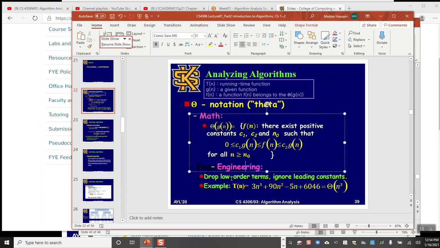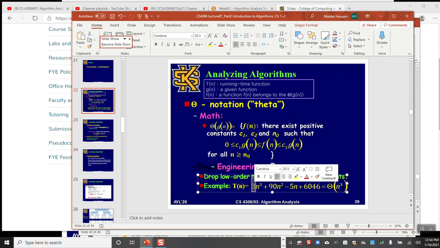For instance, if my T of n is a time function based on n, equal to 3n cubed plus 90n squared minus 50n plus some constant, right?